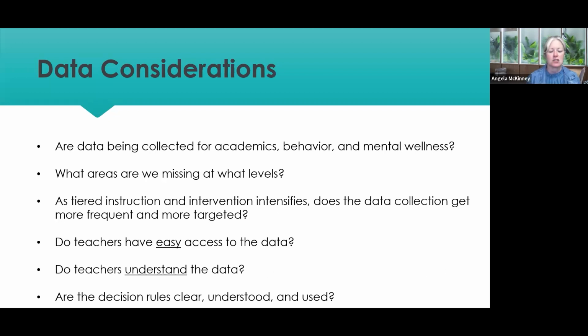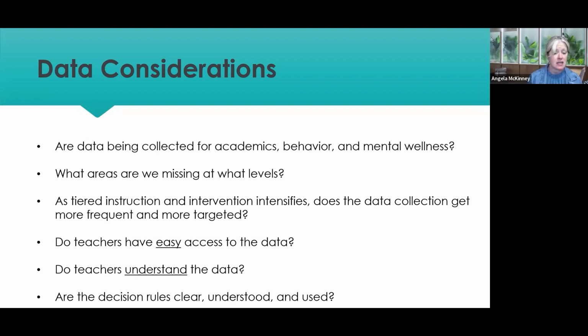So just ask these questions. When you go back and look at the data sources that you have, is it comprehensive enough? Is it answering all the questions that you want? And are you missing anything? And I really think just about every district that I've worked with, they always find something that they either say, we don't have this, and so we need to find something that's going to answer this question.